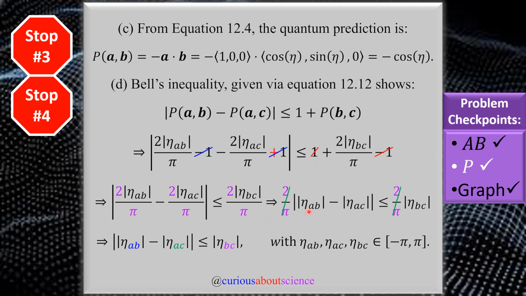And now we see that this looks like just the distance formula, where you have some distance here and the absolute value has to be less than some other distance. Okay. And I'm going to highlight specifically here AB, AC, and BC because eventually this will make sense when we chain them together. Now we need to note that again, the thetas are all from -pi to pi. That's what was given to us. So now that we have that, we can go ahead and stipulate why this inequality makes sense.